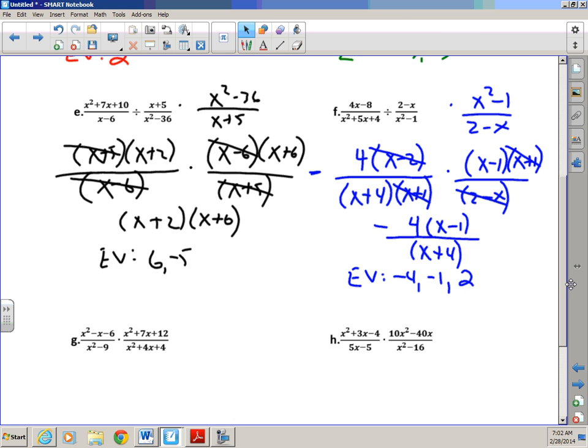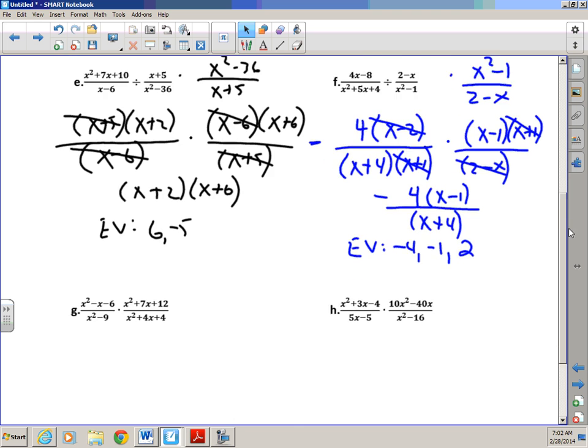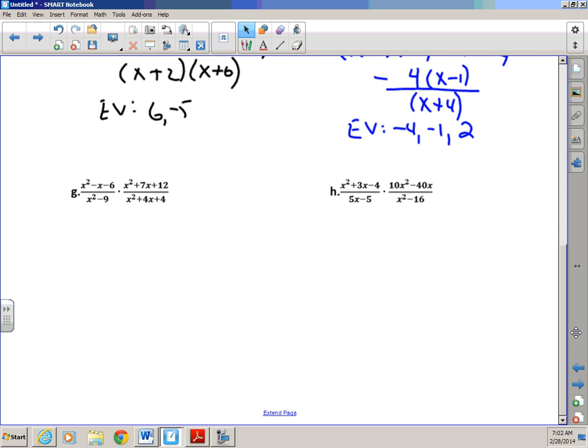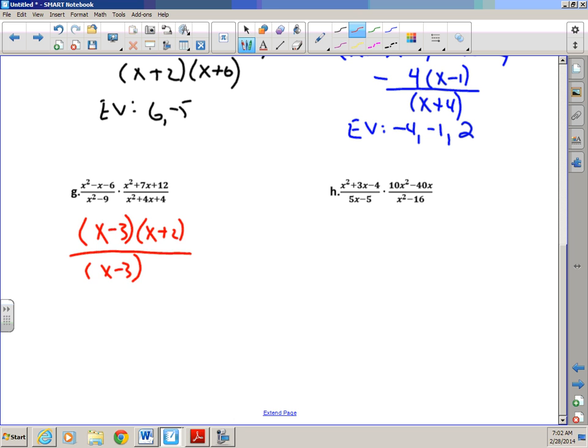Okay. Last two examples. Back to multiplication, so we don't need to flip anything. x minus 3, x plus 2. So what's important here is to become fluid in your factoring, which is why we said that was such an important lesson.